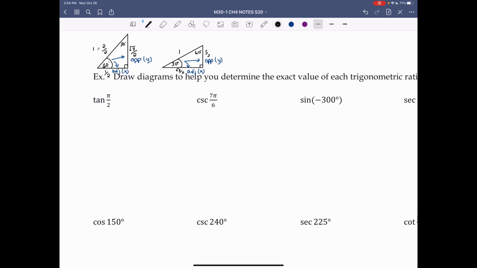Then we have our other special triangle, which is the 45, 45, 90 triangle. We have 45 degrees, 45 degrees, and 90 degrees. Our sides start as 1, 1, and square root 2.